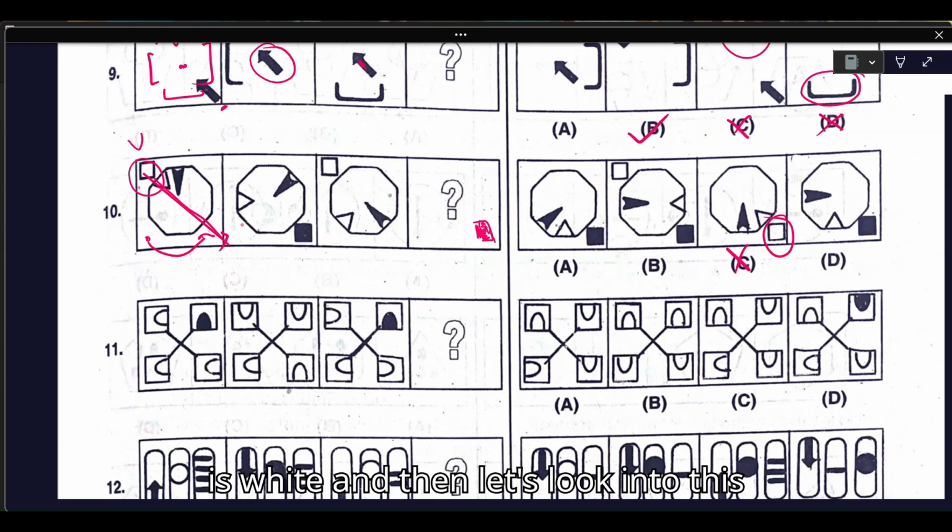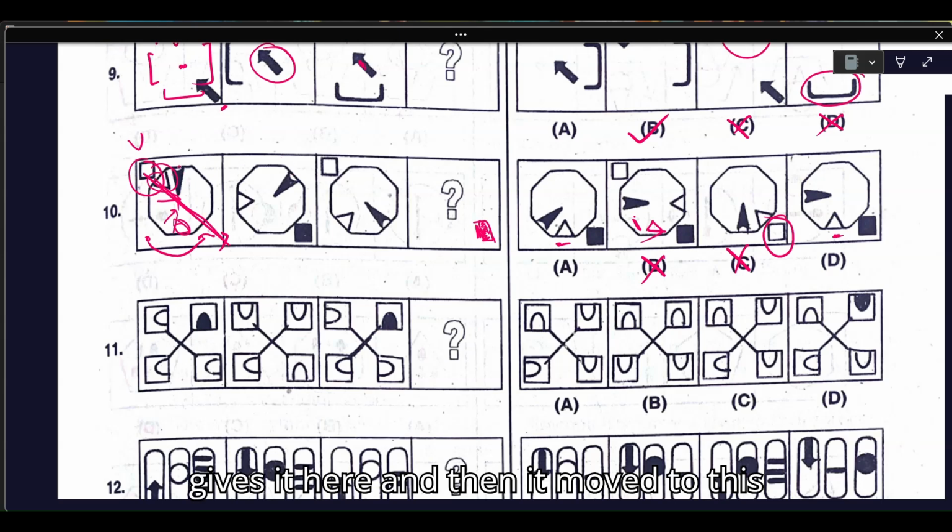And then let's look into this triangle. The triangle was here, and then it came to the left side, and then this direction, and then obviously it should be here. So where is the triangle? Yes, it is here, and it is also in this figure. So we can eliminate B because the triangle is not here. And let's see this arrow mark.